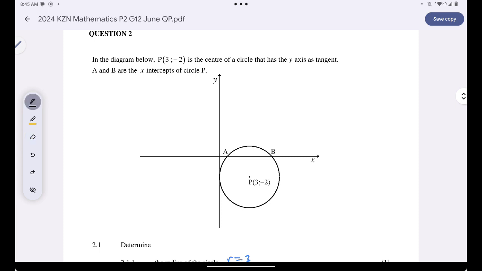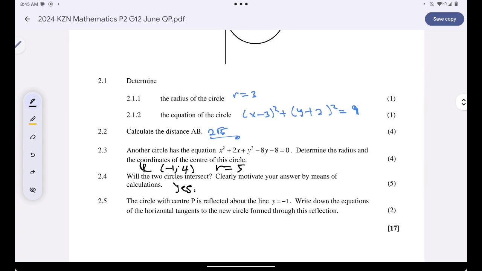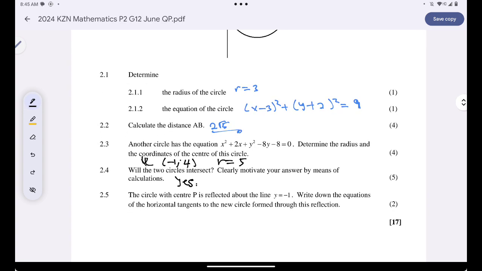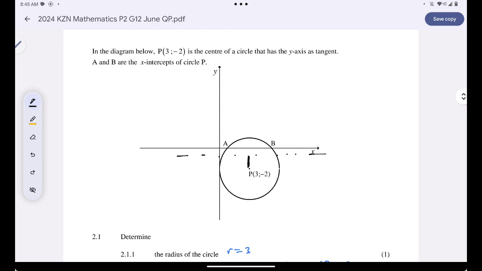Okay, I have the circle now, né, which is reflected on this line. Are we together? The vertical distance between the center and the line where the reflection happens is just 1 unit. Are we together?